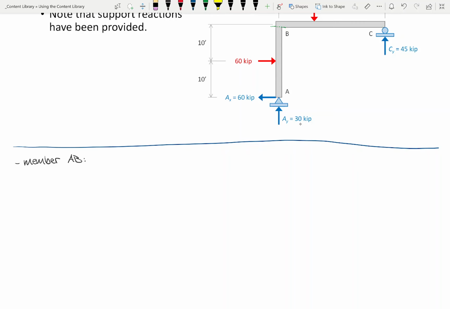Actually, let's draw that a little lower. What is the vertical reaction? That's 30, 30 right there. The other one, this is 45 and that's 75. Okay, thank you. Sorry about that.